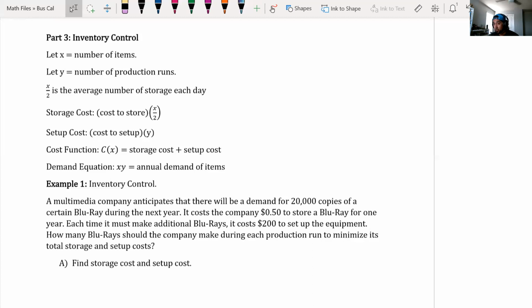Our cost function for these problems is the storage cost plus the setup cost. The last equation is the annual demand of items, which is X times Y. In the problem, all of this information will be given, and we just have to set up the equations using it.